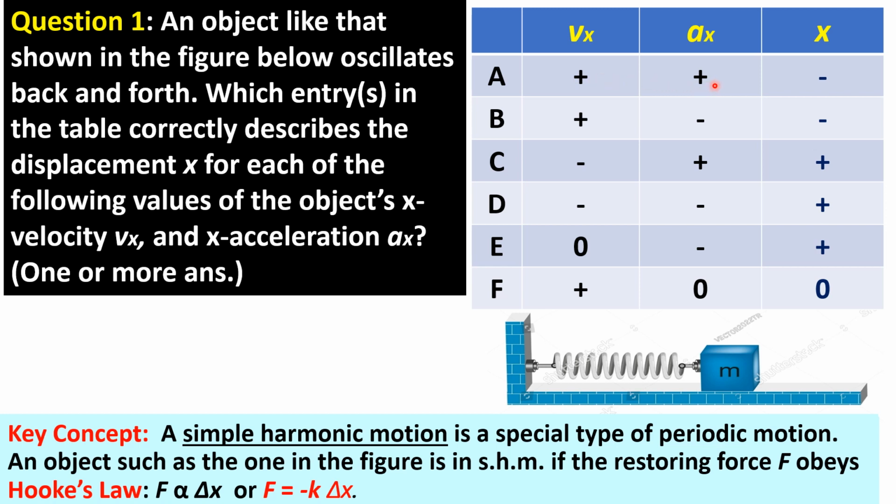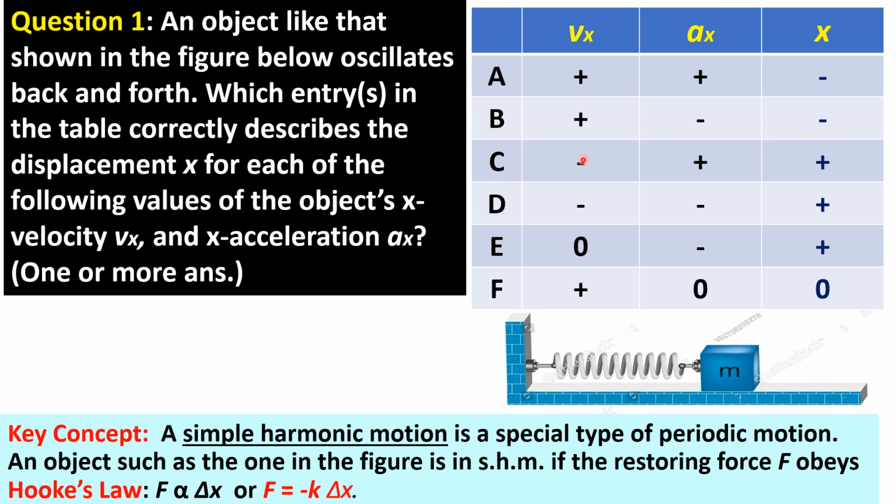For example, option A, if Vx is positive, meaning greater than 0, and Ax is positive or greater than 0, then we will have a displacement that is less than 0 or a negative displacement. For option B, if Vx is positive and Ax is negative, then the displacement must be negative.